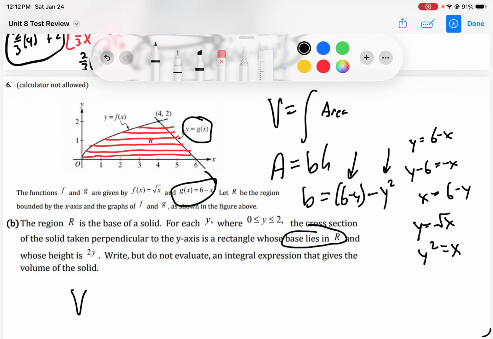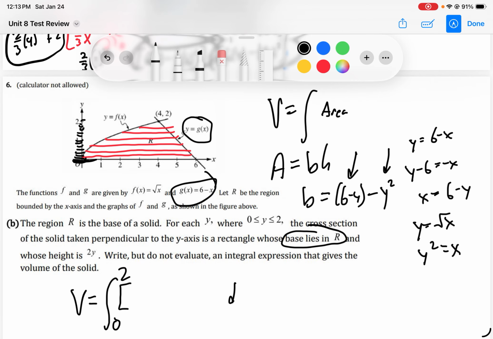So for the volume, everything needs to be in terms of y because it's a dy. That means my limits of integration need to be in terms of y. So my cross sections start when y is 0, and they go all the way up to when y is 2. Then it's the area: I'm adding an infinite number of areas.